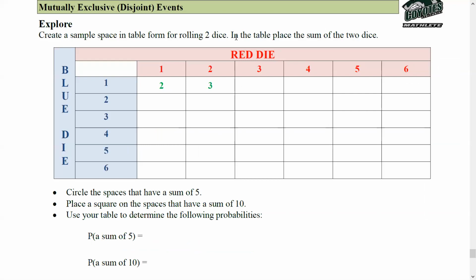Now here's our table again that I said that we would look at one more time with our two dice, and you were to fill this in one time. But this time what I'm asking you to do is we're actually going to find the sum of the two die. So all we got to do is just go through and plop in the numbers that we're going to get by adding these things together, just like that.